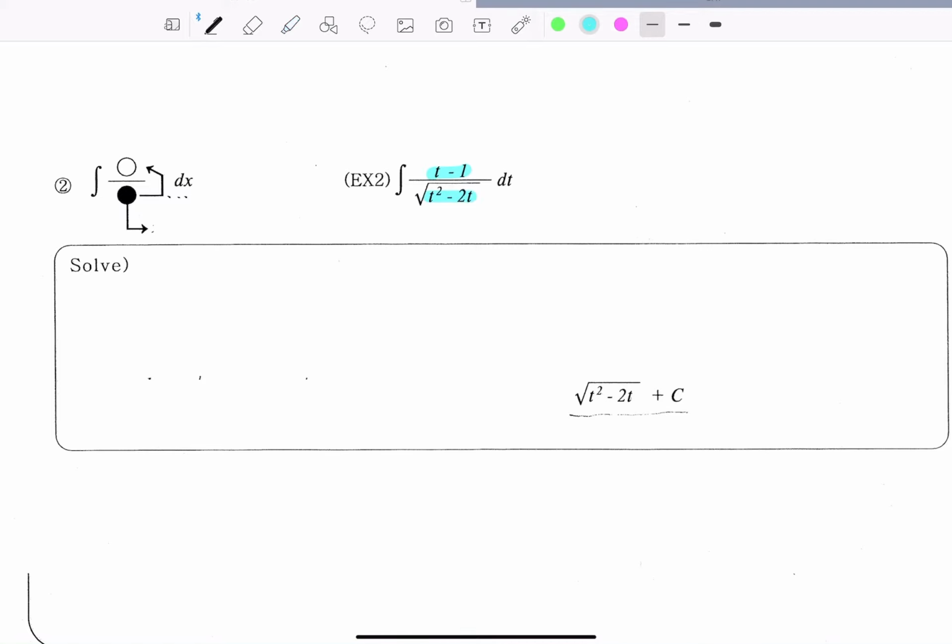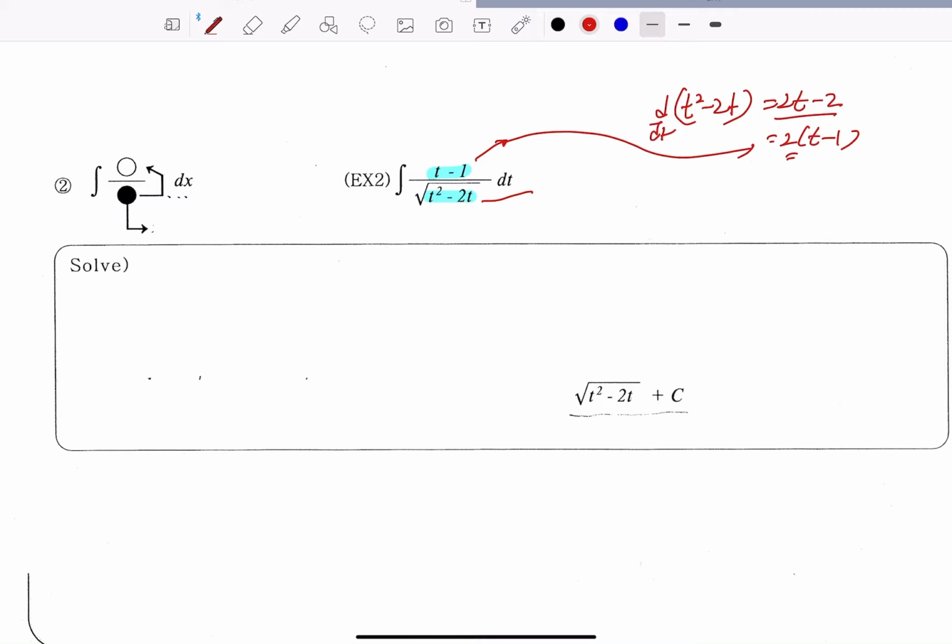You can just try to find the relationship between any two expressions possible in terms of derivative. So let's find the derivative of t squared minus 2t in terms of t. The derivative of t squared minus 2t is 2t minus 2, which is twice the numerator. The coefficient doesn't matter. They are related. Therefore, we can use substitution.